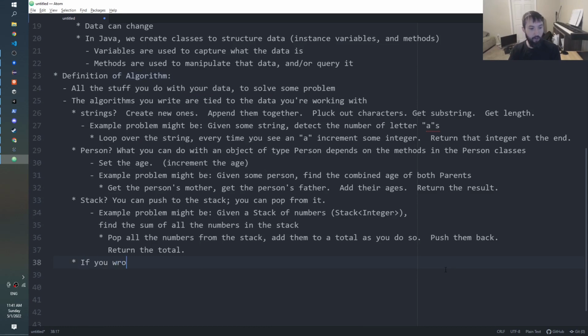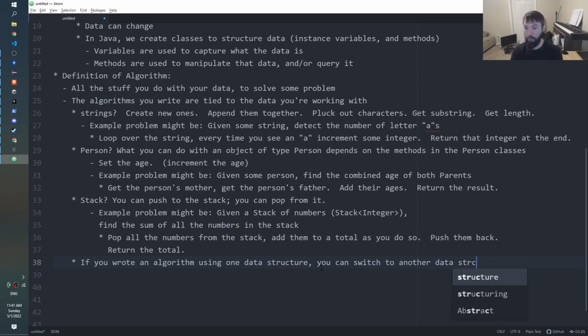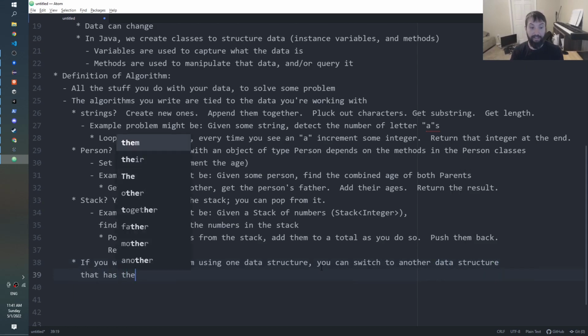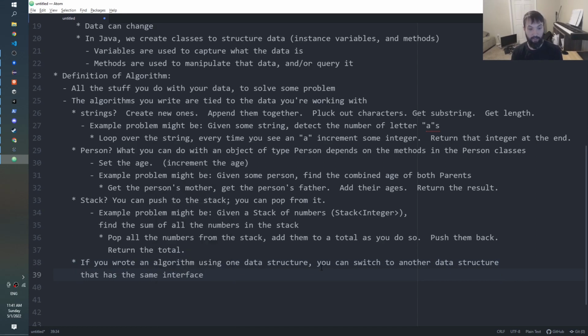It's if you wrote an algorithm using one data structure, you can switch to another data structure that has the same interface without having to change your algorithm's code.